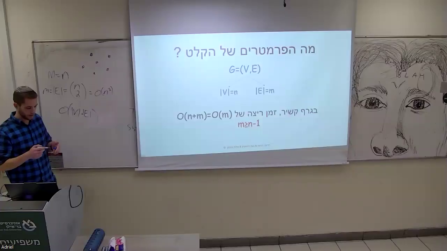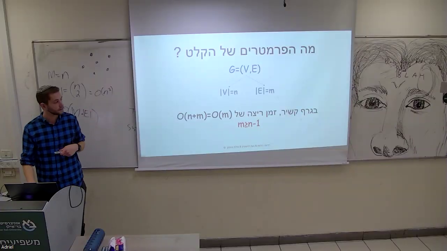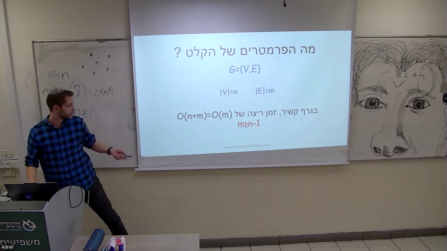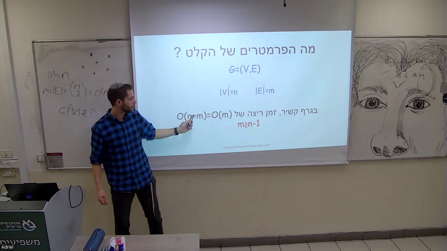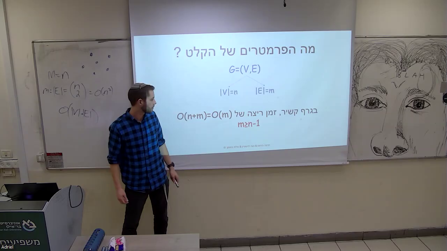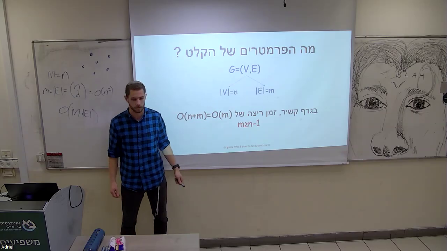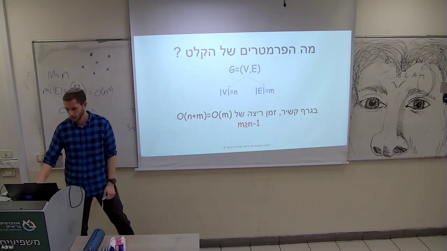We proved this in discrete mathematics, but we can prove it after class. Just take it as a fact for now. So if the graph is connected, n plus m is at least 2n minus 1, and since n is smaller than m, it's O of m.